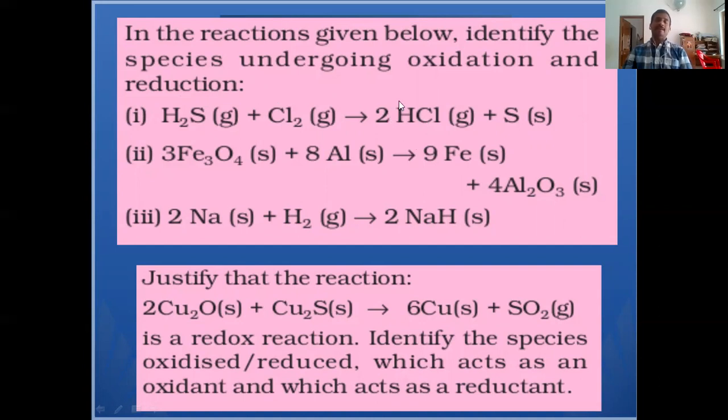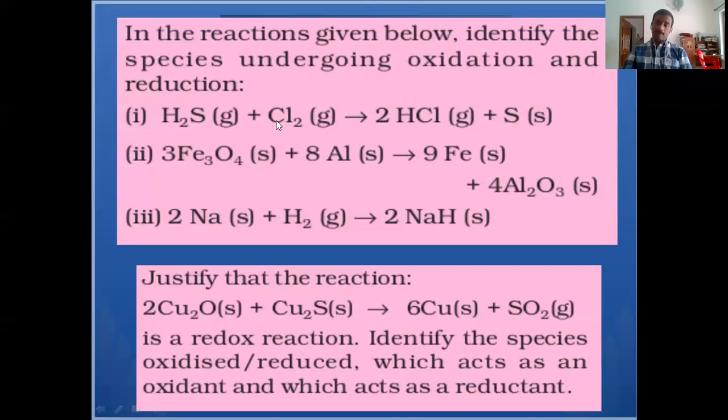In HCl, hydrogen is again +1, chlorine is -1. Sulfur here is 0, elemental state 0. So sulfur in -2 oxidation state changes to sulfur in 0 oxidation state. -2 to 0, an increase in oxidation number, or removal of electron, that is oxidation. So it is oxidation.